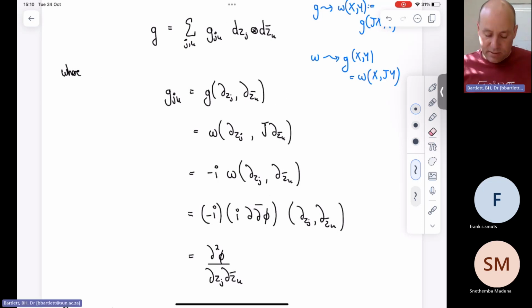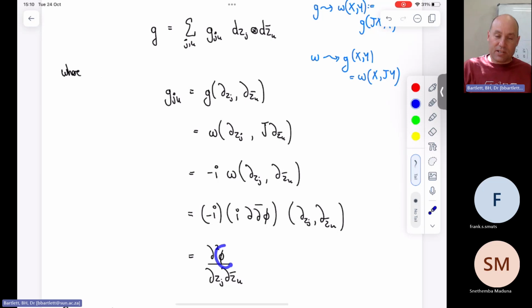But now we are constructing this Riemannian metric from some single master function phi, and we define the metric just by the second derivatives of phi. So you can see what a major simplification that is. A Kähler metric is a much simpler object than just a random Riemannian metric.